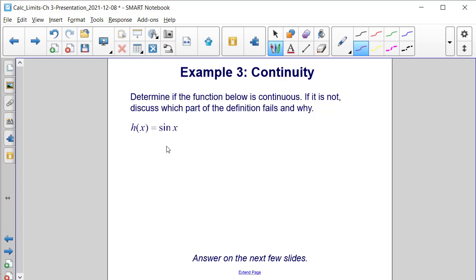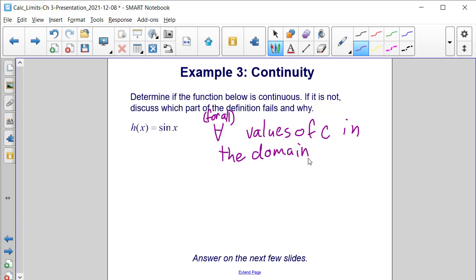And all three of these things would hold true for all, an upside down A in math means for all, values of c in the domain. First, we would have that f of c exists.